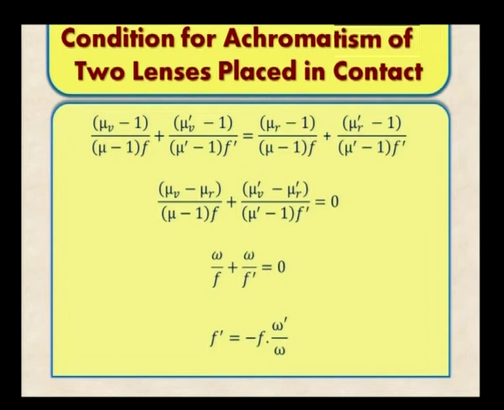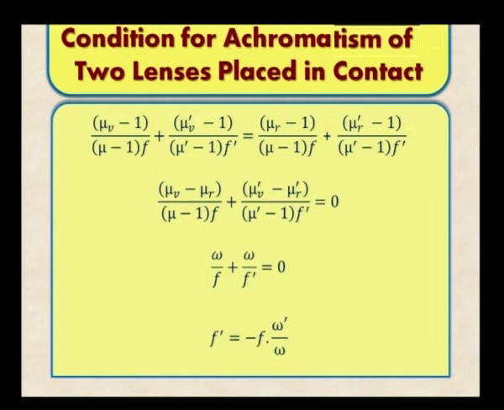Similarly, here for the first lens, you have mu v minus mu r by mu minus 1, that is the dispersive power of the first lens. For the second lens, you will have again omega prime, the dispersive power of the second lens, divided by f prime, and the sum should be equal to 0.